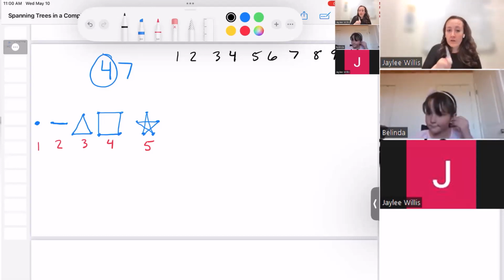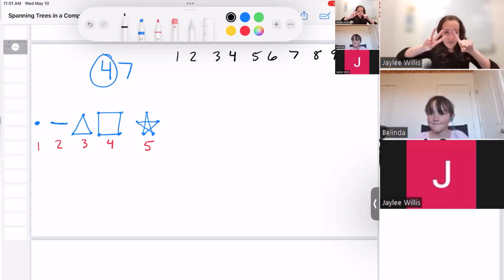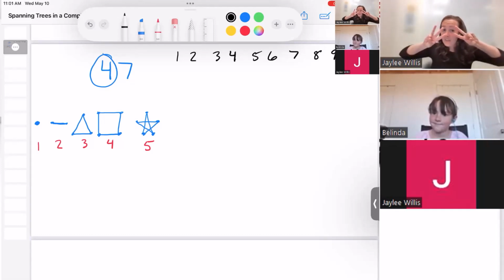So for our alien numbers, if I say I have dot number of sheep, then line number of sheep, then triangle, square, star number of sheep, I think we shouldn't have a new symbol for the next one, because this is when my fingers are full. So how would we write 6 in alien language?